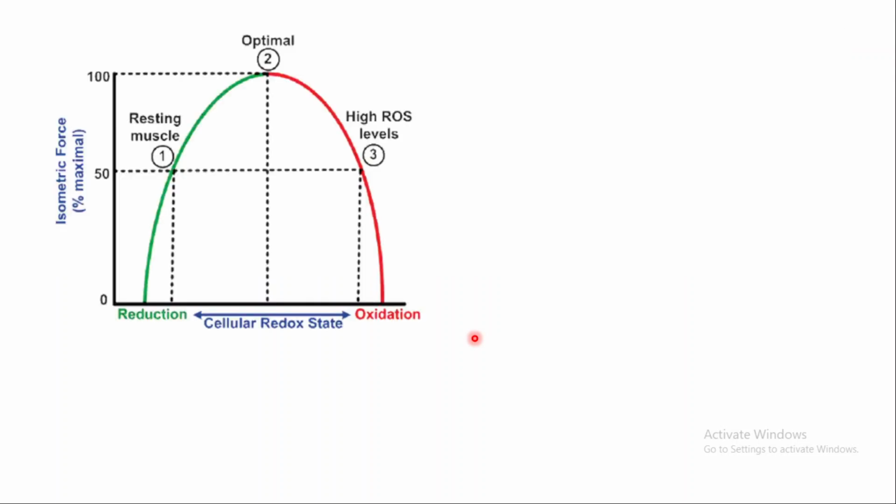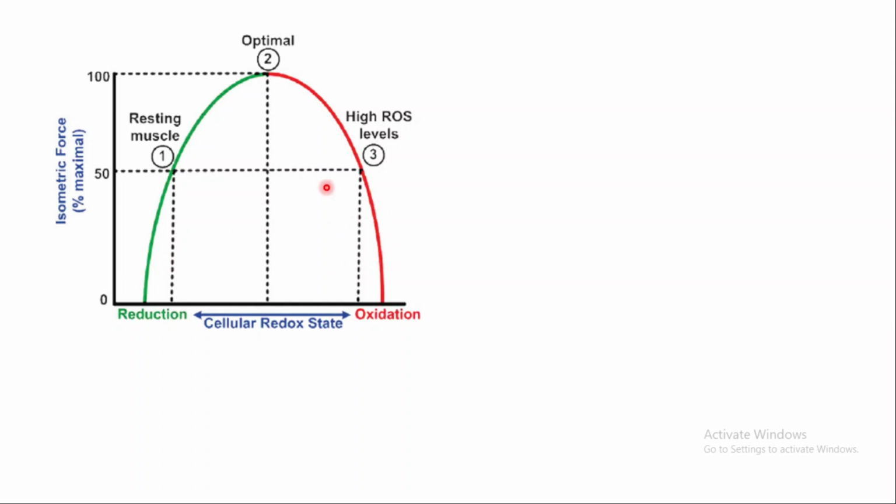Now, this is a schematic or a graph from a research article showing the force versus redox state of a muscle. If you follow this curve, the green area shows reduction reaction, and the red area shows oxidation reaction in the muscle. In reduction state, we have high antioxidants and a lesser amount of ROS generated, so it is in a reduced state.